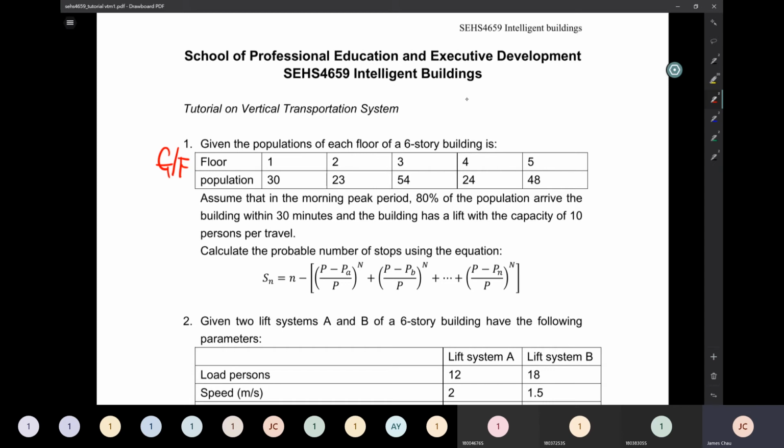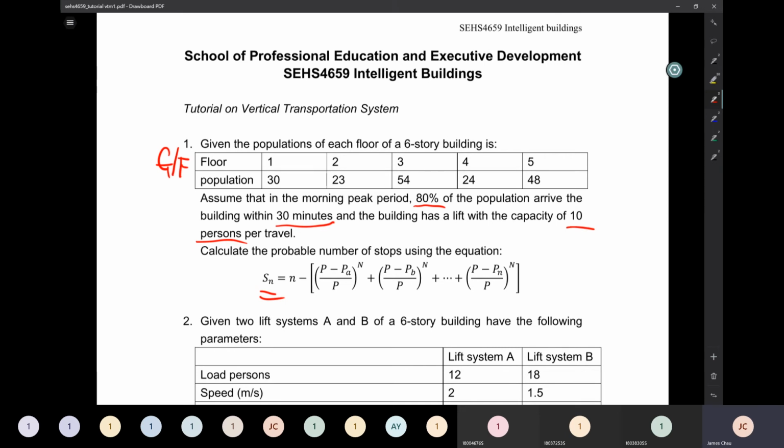Given the morning peak period, 80% of the population arrive at the building in 30 minutes, and the building has a lift with the capacity of 10 persons per travel. So we are using this formula to compute the probable number of stops.